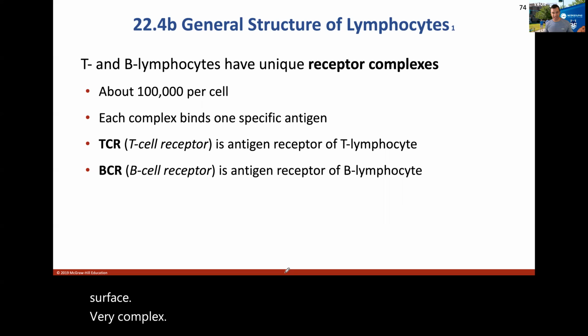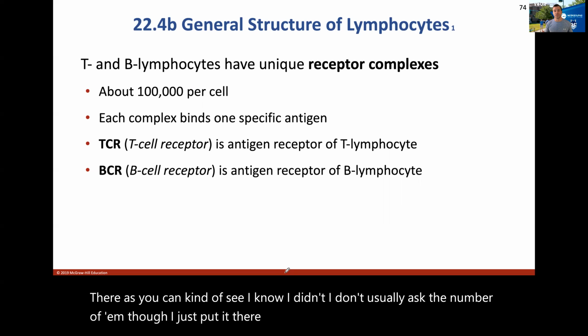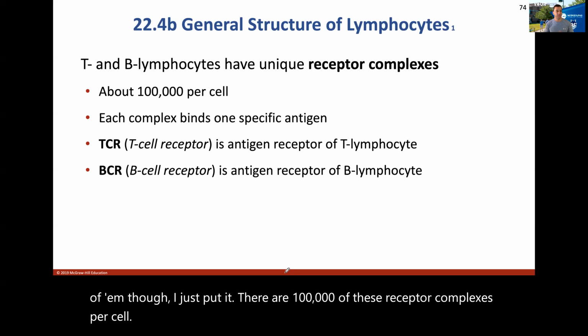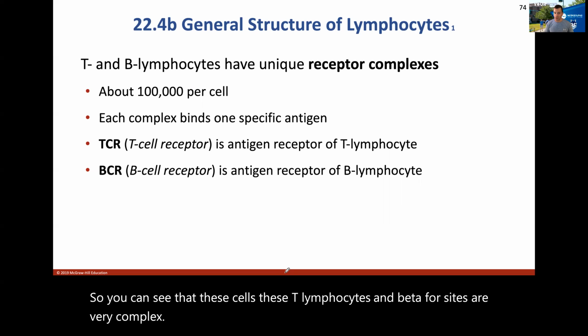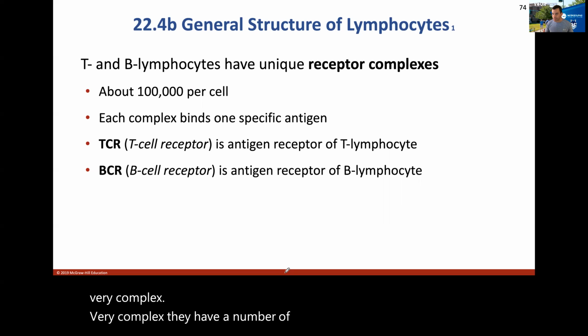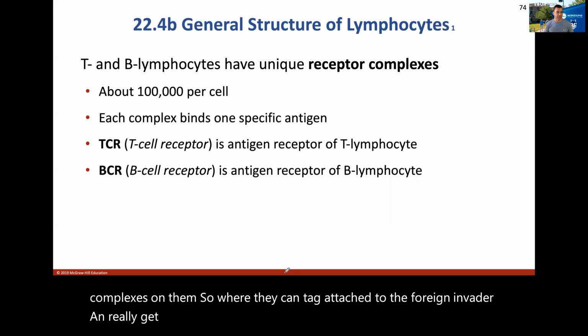As you can see, I know I don't usually ask for the number of them, I just put it there. There are 100,000 of these receptor complexes per cell. So you can see that these T lymphocytes and B lymphocytes are very complex. They have a number of receptor complexes on them so that they can attach to the foreign invader and get the immune response going as fast as it can.